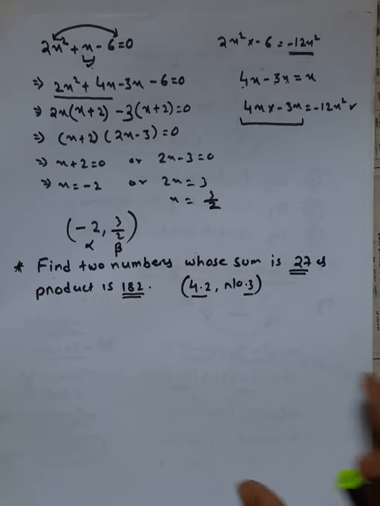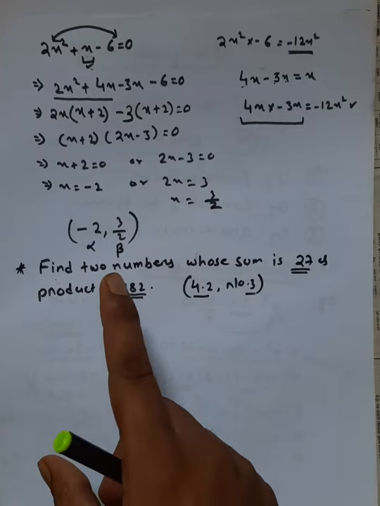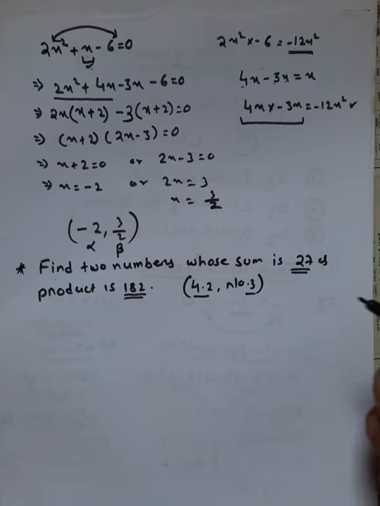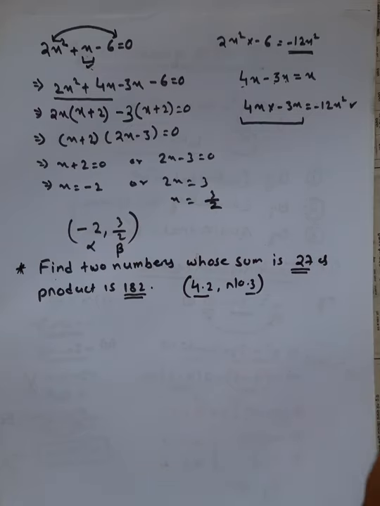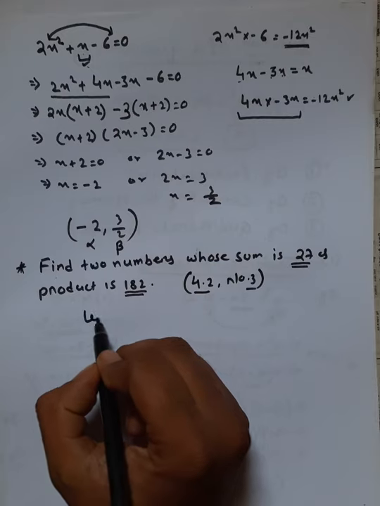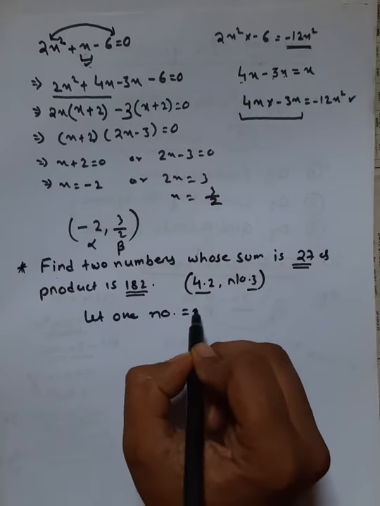Okay, so in this case, we have to take one number as x. Okay, many times students take another number as y. So you should not take x and y. One variable is necessary, not two variables. So let one number be x.